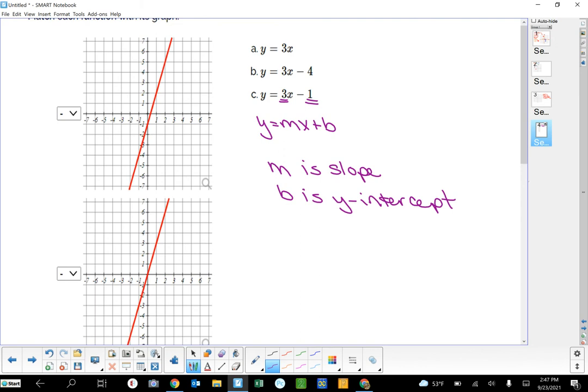And so here, I think for most of these, remember that slope is rise over run. So that's a fraction. In this case, they're all 3, so they're 3 over 1. So you're going to rise up 3, run 1.